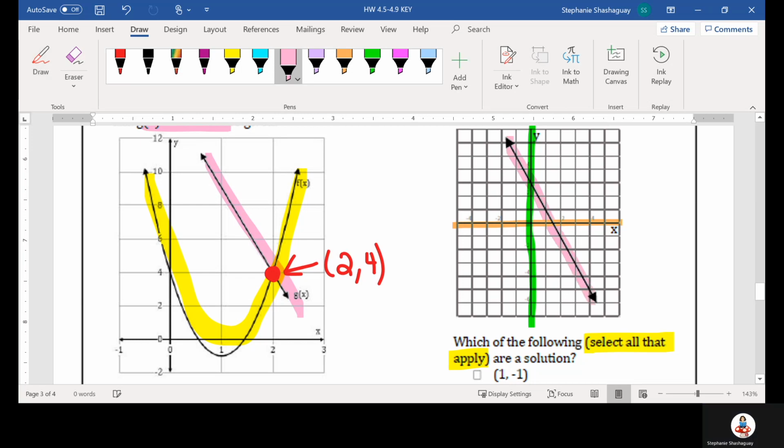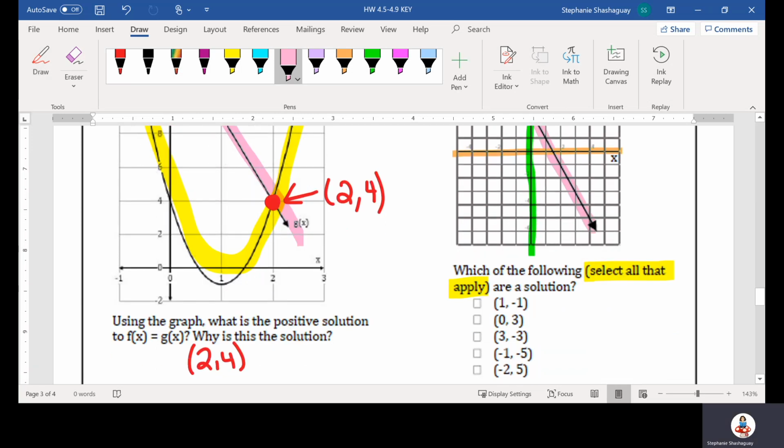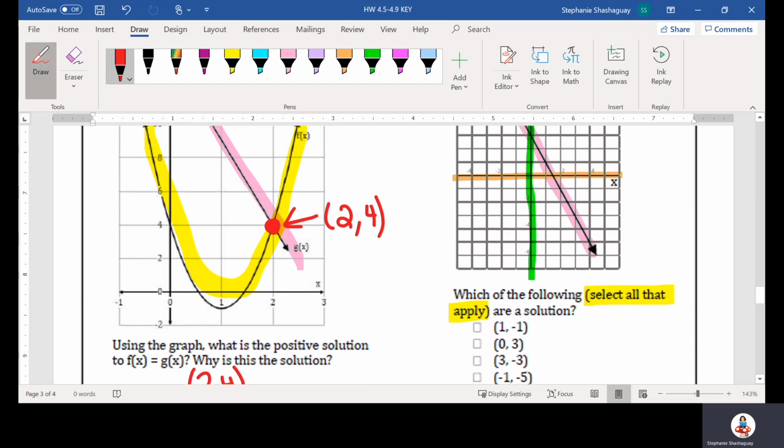So -1, 1. Well, 1, -1. Helps if I look at it right. If I'm looking at 1, -1, so I go over to the 1, down 1, is that a point on the graph? Yes. Then we have 0, 3.